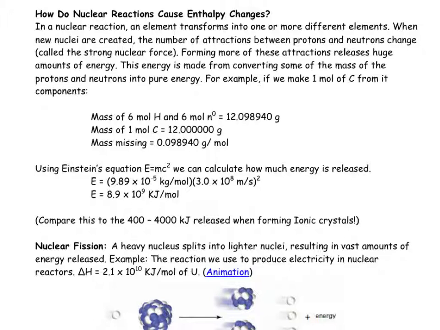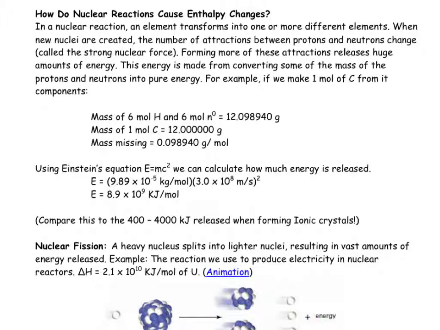For example, if we make 1 mole of carbon from its components, if we take 6 moles of hydrogen and 6 moles of neutrons, that gives us a mass of 12.098940 grams.